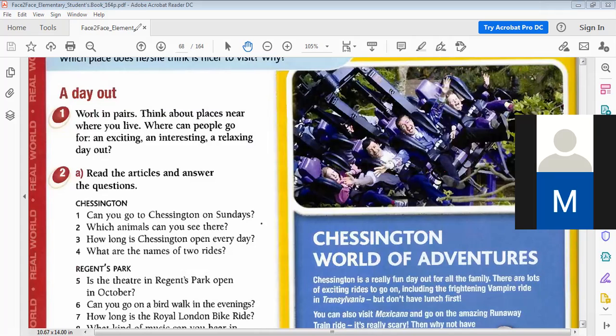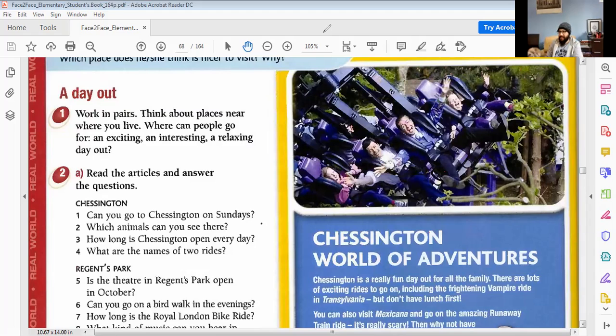It is. It is a nice place to spend the day with your family. There are a lot of trees and flowers and a lot of games. So it's relaxing for the parents, the mothers and fathers, and it's exciting for the children, right?